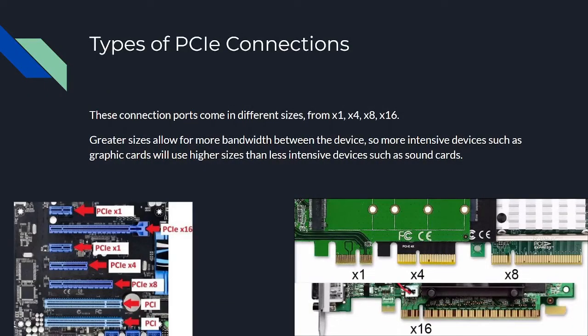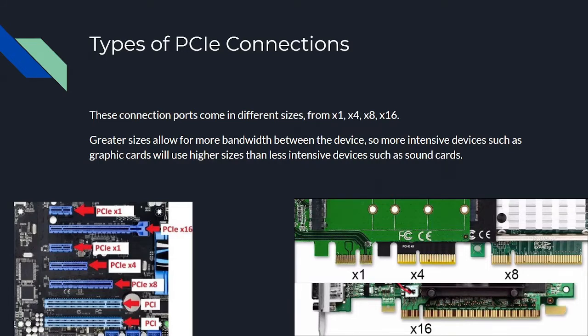Okay, let's talk about the types of PCIe connections. These connection ports come in different sizes from X1, X4, X8 to X16. Greater sizes allow for more bandwidth between the device, so more intensive devices such as graphics cards, which I'll be going into shortly, will use higher sizes than less intensive devices such as sound cards.